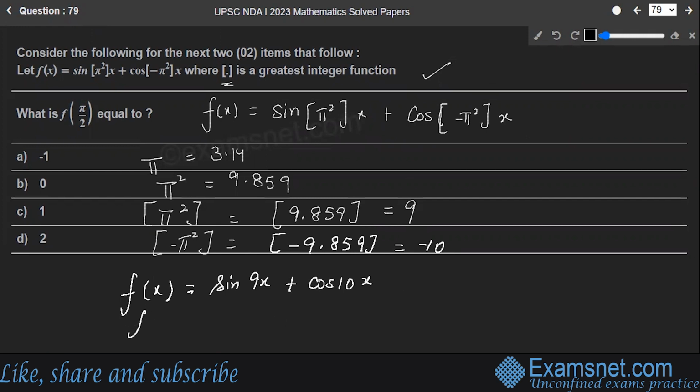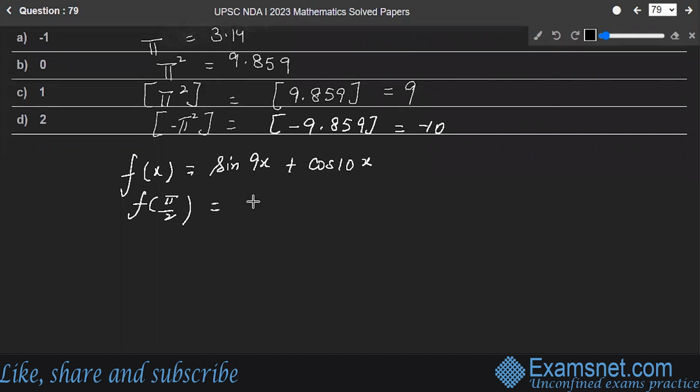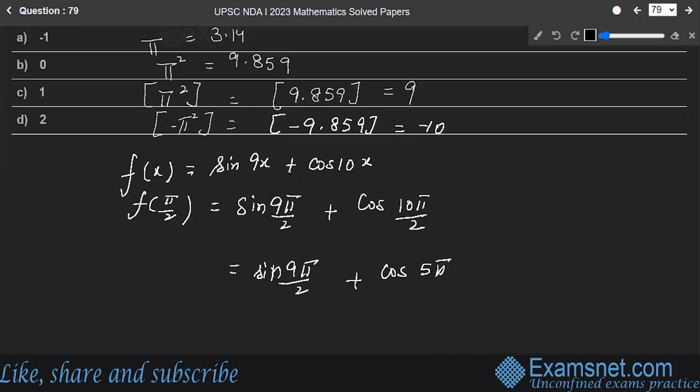Now let's put in x equals pi by 2. This will be equal to sine 9 pi by 2 plus cos 10 pi by 2. Sine 9 pi by 2 is equal to 1, and this can be written as cos 5 pi.